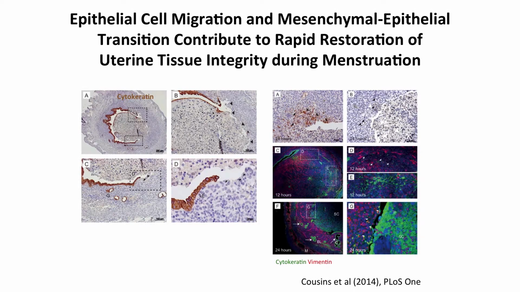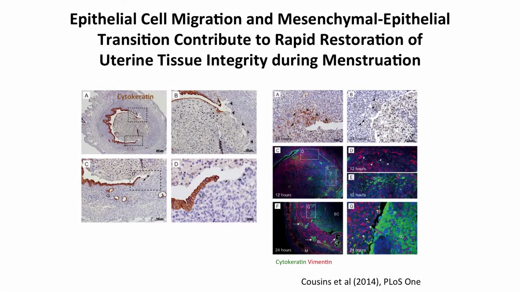Okay, so Fiona then went on to investigate some of the mechanisms that were responsible in restoring uterine tissue integrity after menstruation. These images show a cross-section of the uterine horns, and Fiona was interested in seeing how the epithelial cells contributed to re-epithelialization of the denuded surface once the decidualized mass was shed from the basal layer of the endometrium.